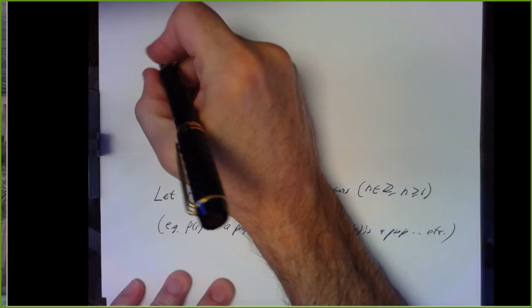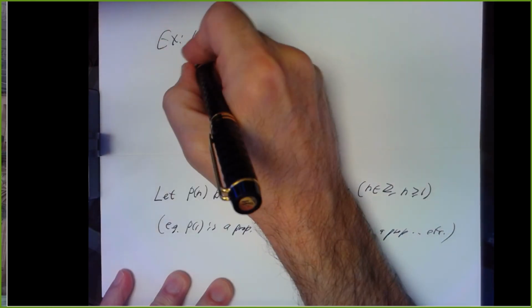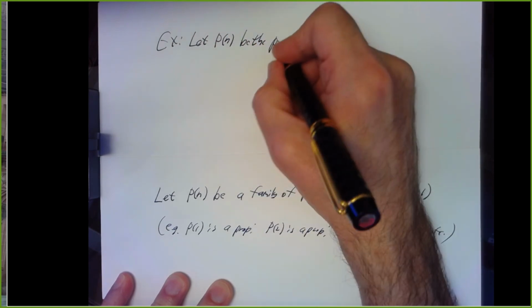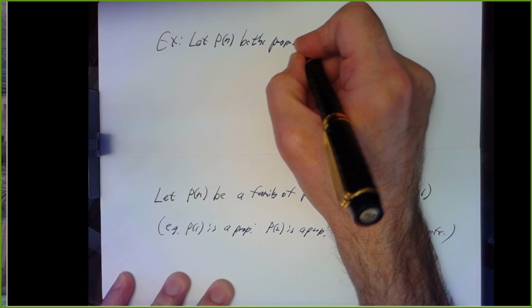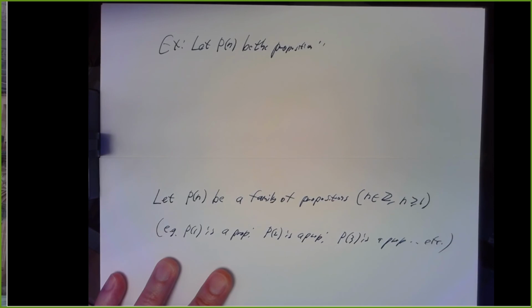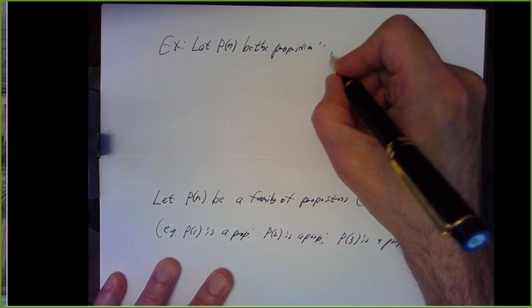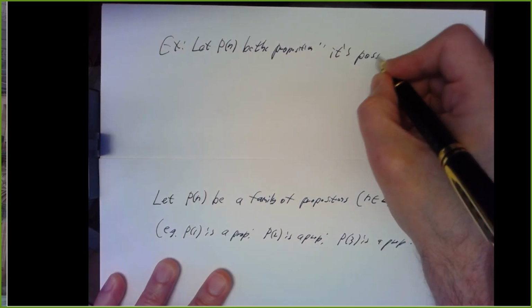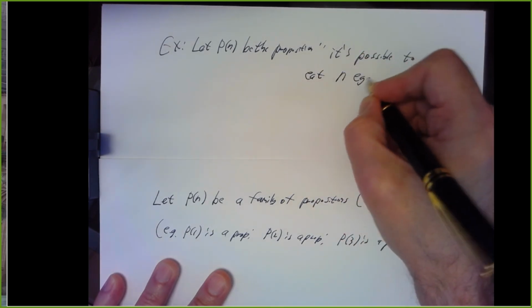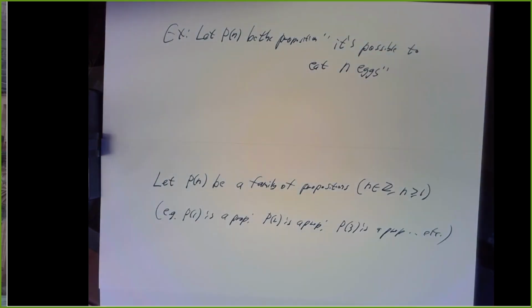For example, let P of n be the proposition, I don't know, P of n could be the proposition, it's possible to eat n eggs. Okay? It's not very mathematical, it doesn't have to be, it's just a collection of propositions.